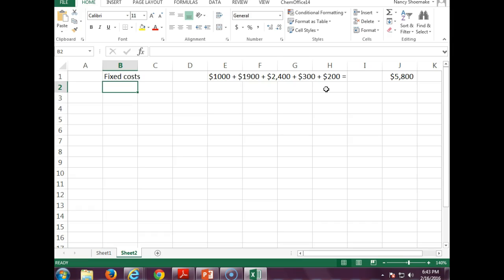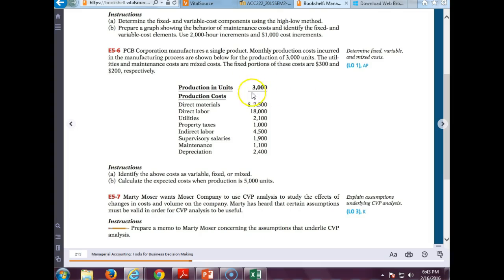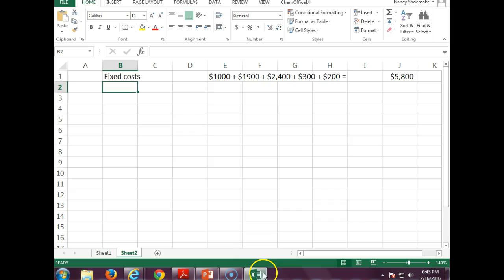Now we need to determine the variable costs that it was to produce 3,000 units. What are our variable costs? The direct materials, the direct labor, and the indirect labor. Can you guys help me? What is the direct materials? 7,500. The direct labor, 18,000.